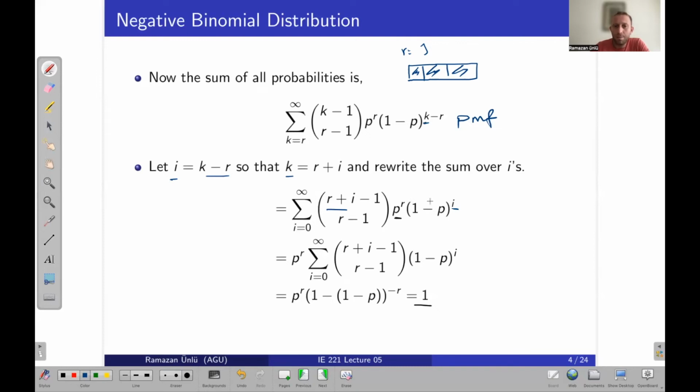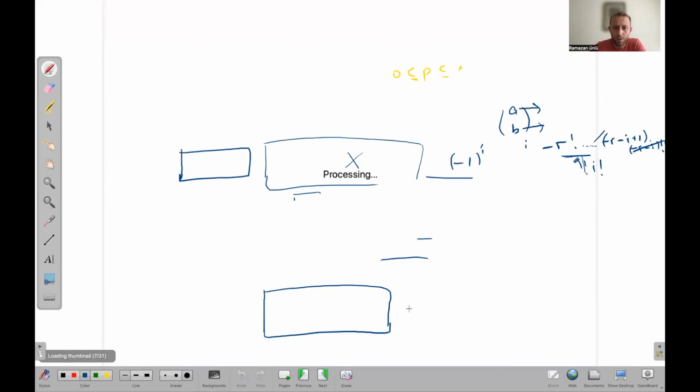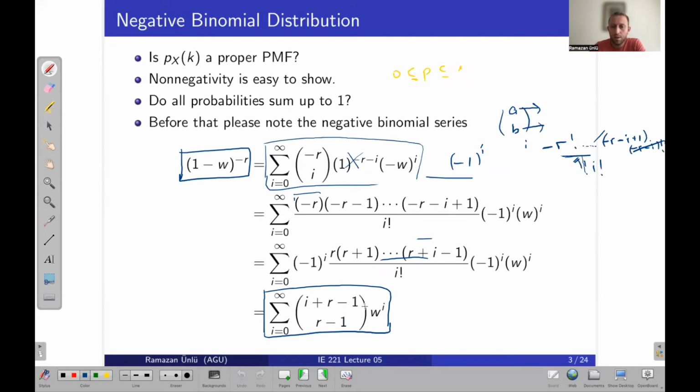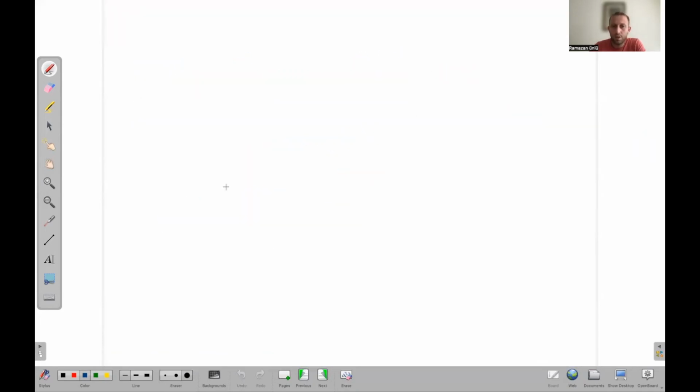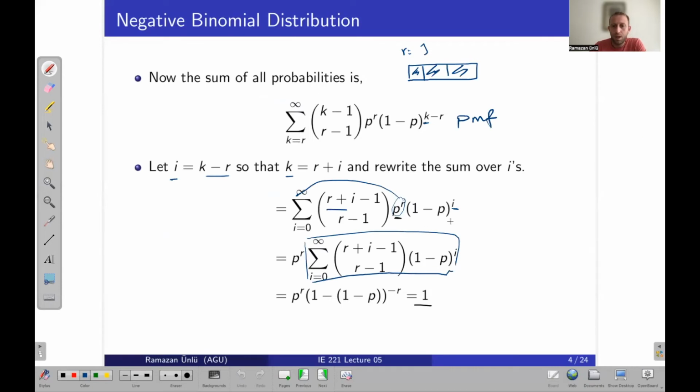So I have something like that, right? This is the constant term, so it can go outside the summation, and I will end up with this one. This is actually this one, guys, so I can use this formulation. I can say 1 minus p is equal to w, so this will be w to the i.